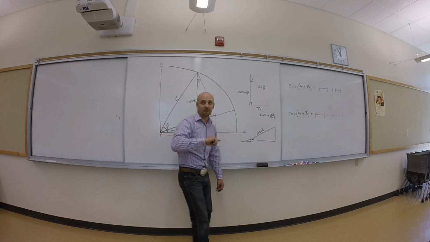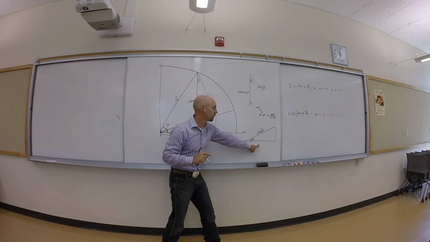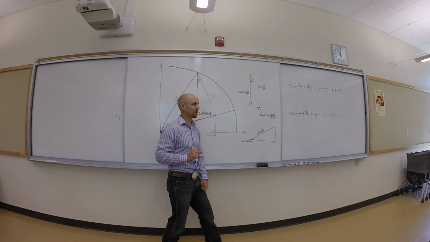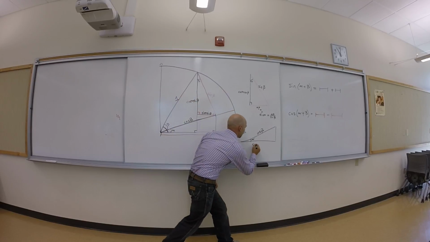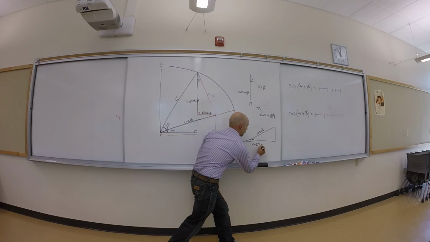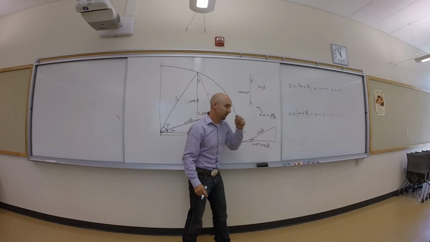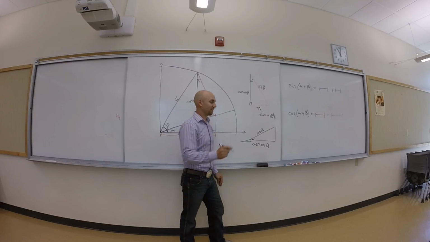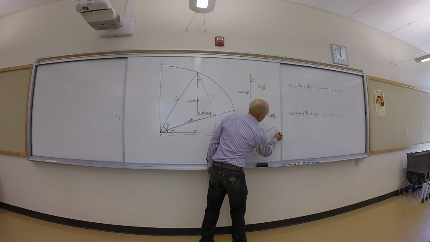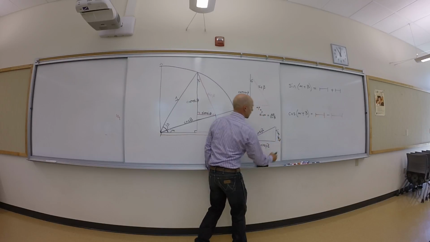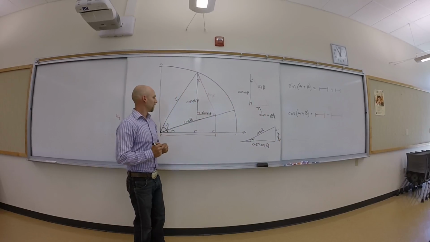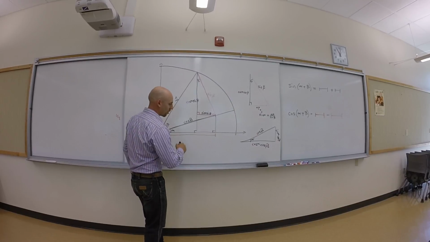And now using the same thought process, what's this adjacent side going to be? That's going to be cosine of alpha times cosine of beta. Good. And this vertical bit is going to be sine of alpha times cosine of beta. You guys see that? Those are going to go in here.